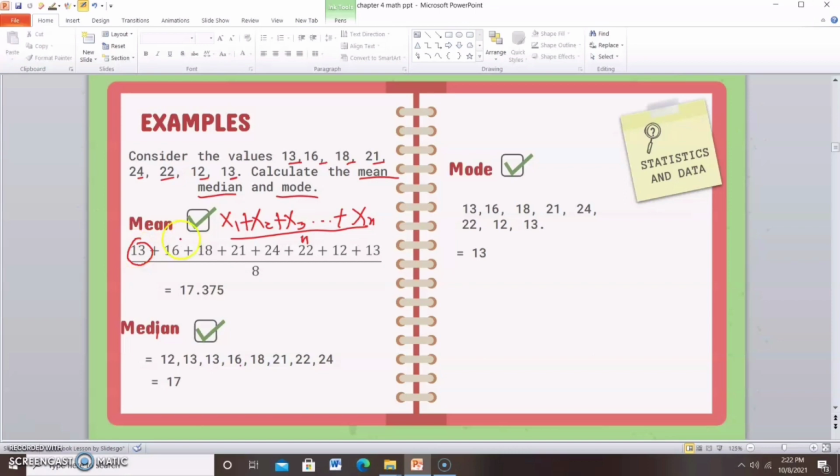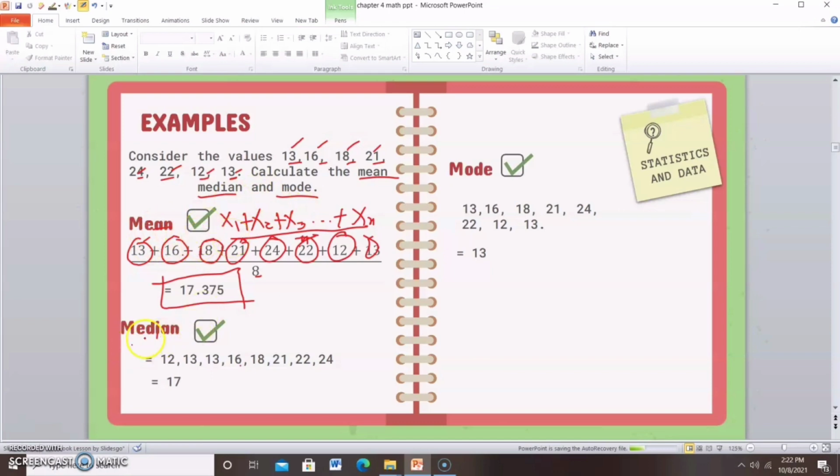Add all the given values in the set, then divide by the number of values in the set. Counting: 1, 2, 3, 4, 5, 6, 7, 8. So divide by 8. Add 13 plus 16 plus 18 plus 21 plus 24 plus 22 plus 12 plus 13, divided by 8, equals 17.375. That is the mean.